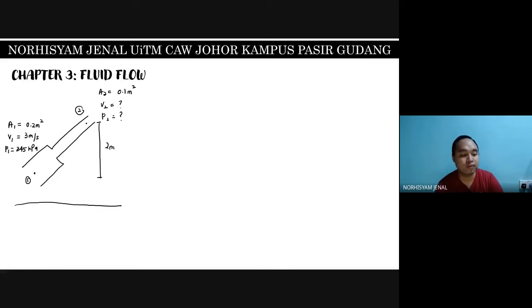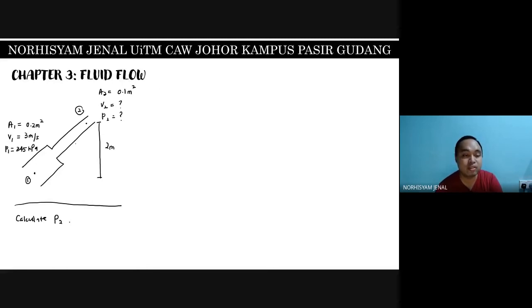So now, assuming all the limitations are there, we try to calculate what will be the pressure at point 2. To do this study, it will involve those 2 conservations that we learned just now: number 1, conservation of mass, and then conservation of energy.